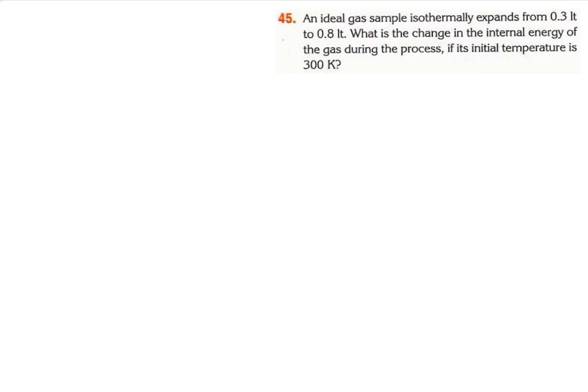Question 45. An ideal gas sample isothermally expands from 0.3 to 0.8 liters. What is the change in the internal energy of the gas during the process if the initial temperature is 300 kelvins? So here in this question we are considering the ideal gas. So that means the internal energy of the gas can only be changed by a change of the temperature.